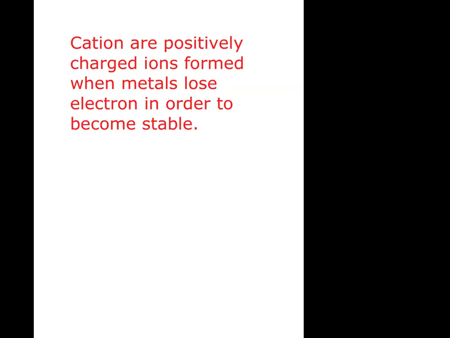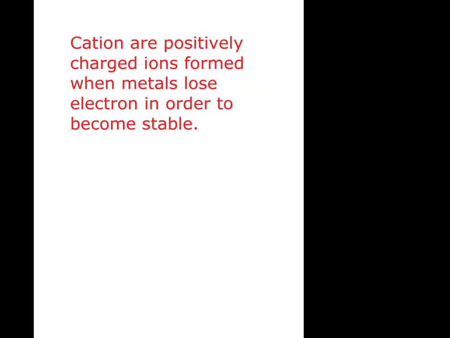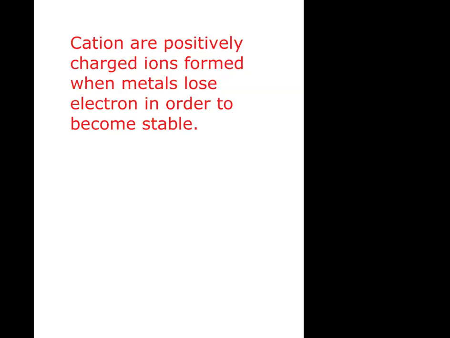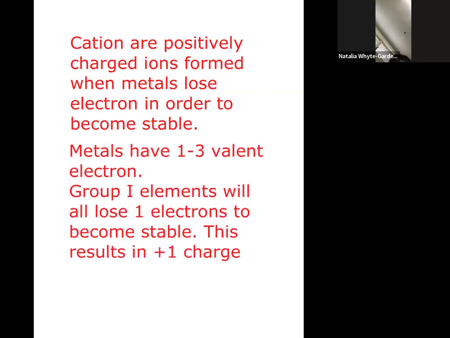If the element is in group 2 and loses 2 electrons, it is +2, because your charge is positive the number of electrons lost. So those who lose 1 electron will be +1, those who lose 2 electrons will be +2, and those metals with 3 valence electrons are going to have a charge of +3.